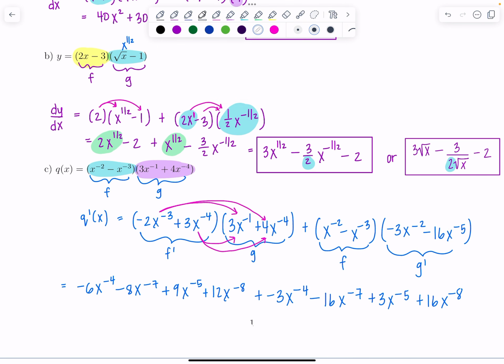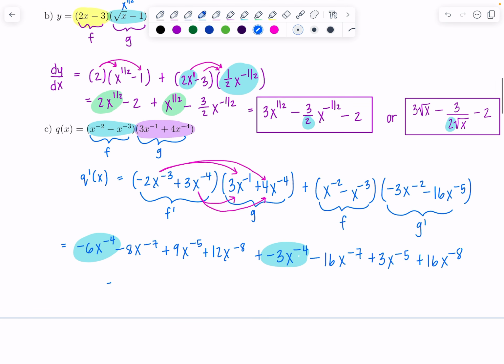Okay, from here, let's just check. Can I combine any like terms for my final answer? I'm thinking yes. So let's see. X to the negative 4th is the highest power, right? It's the least negative. I'm going to put everything in descending powers. Ooh, and then there's negative 3x to the negative 4th. So altogether, that's negative 9x to the negative 4th.